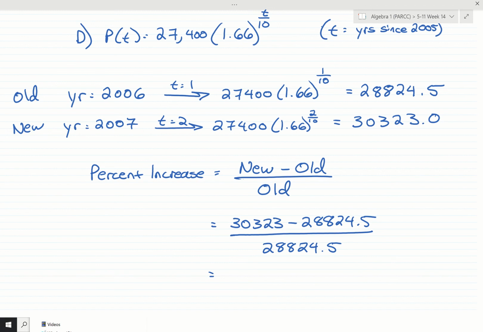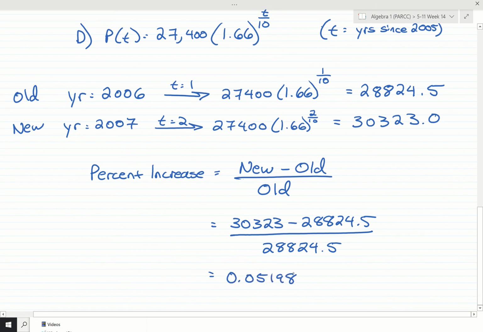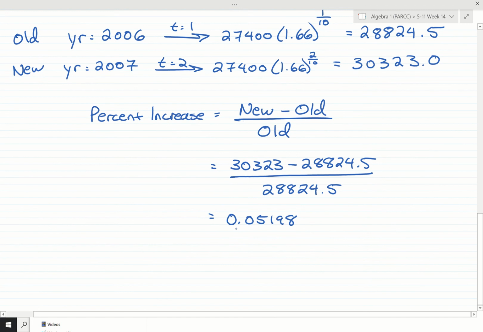I'm getting an answer of 0.05198, which as a percent, we move the decimal 2 units to the right, which would be about 5.2%. And it looks like that would be option C.